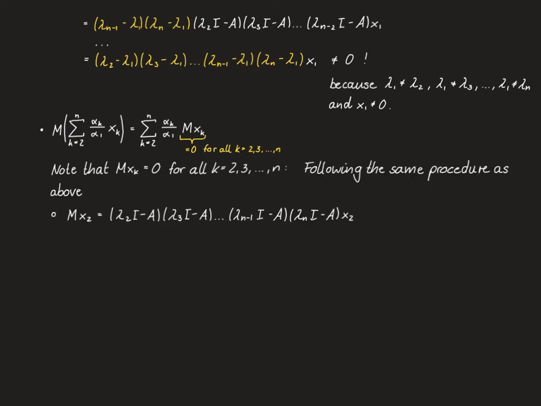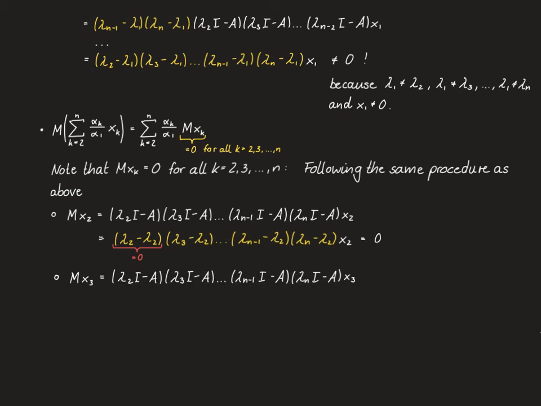Well, we can follow the same procedure as above, starting with M times x2. By definition, this is equal to this expression. And now, if we go through the same procedure as above, what we get is lambda 2 minus lambda 2 times lambda 3 minus lambda 2 times and so on up to lambda n minus lambda 2 times x2. But now this first expression is obviously 0, and so Mx2 has to be 0.